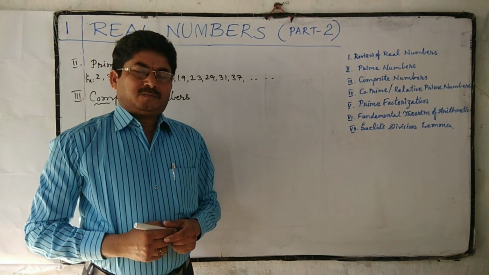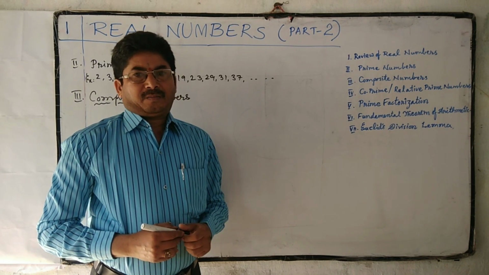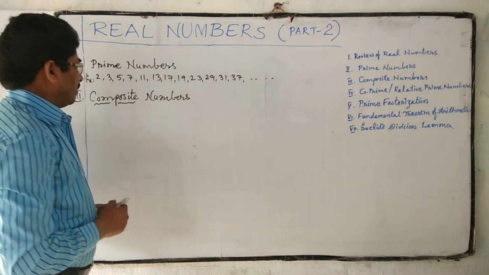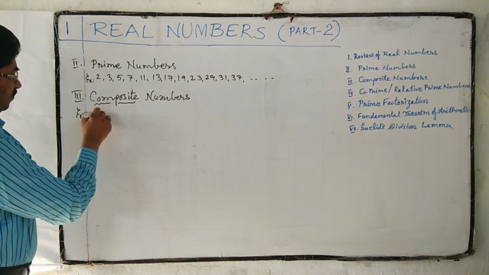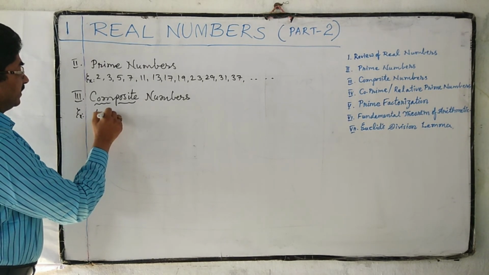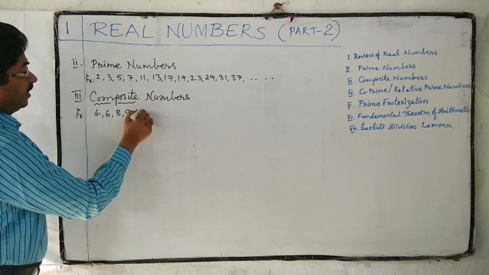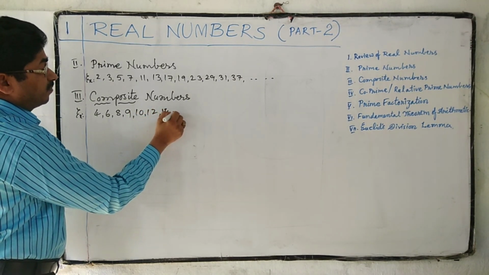The numbers other than prime and 1 are called composite numbers. For example, 4, 6, 8, 9, 10, 12, 14, and so on.